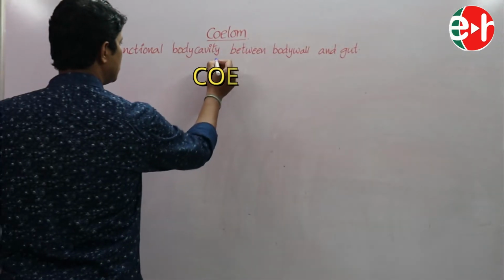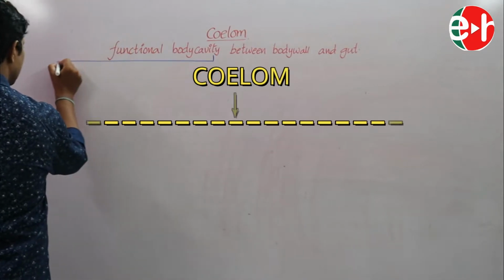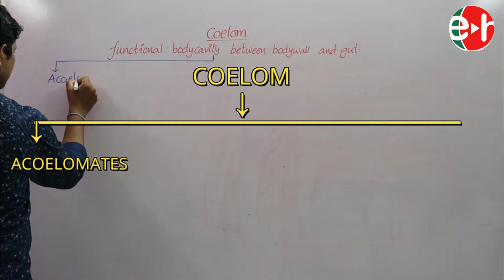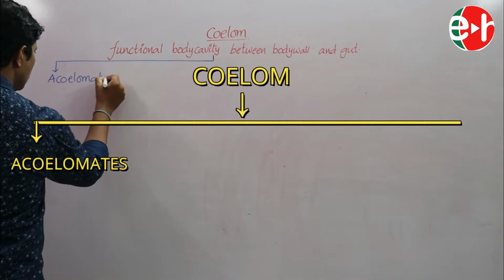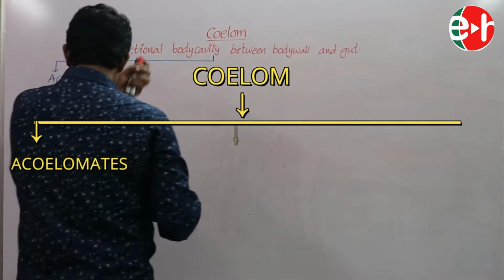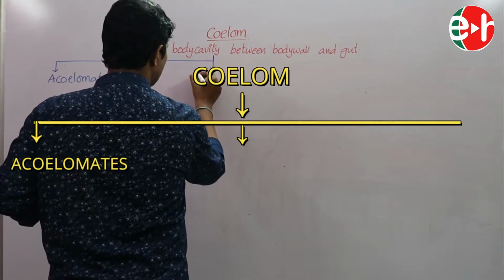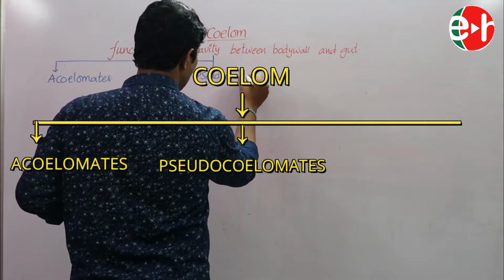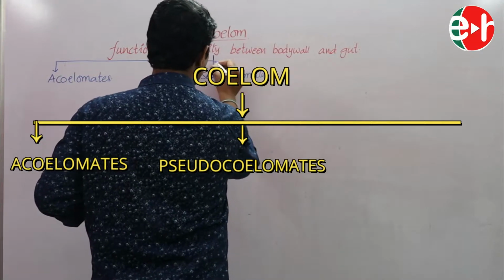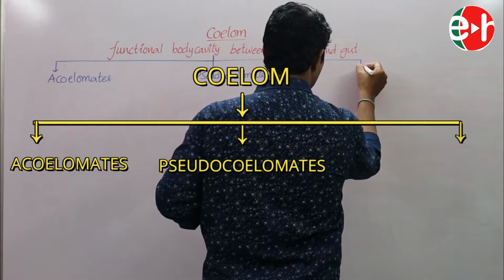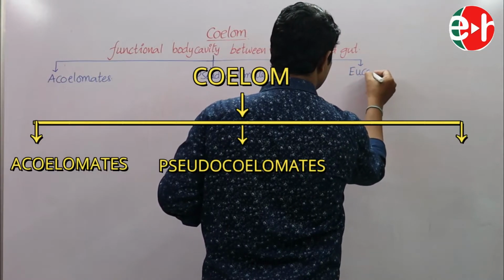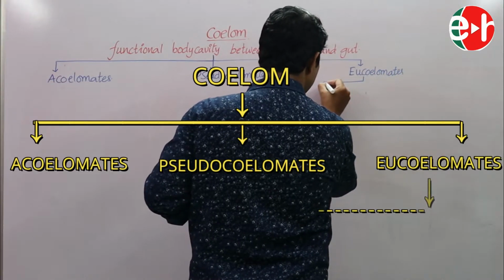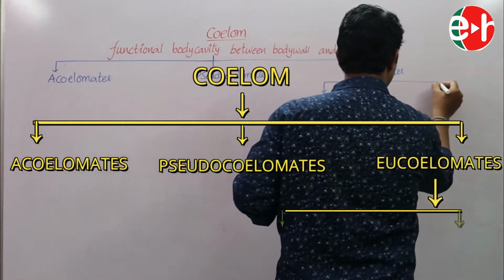The coelom is divided into three types. First one is acoelomates, the second one is pseudocoelomates, and the third one is eucoelomates. The eucoelomates are further divided into two parts.